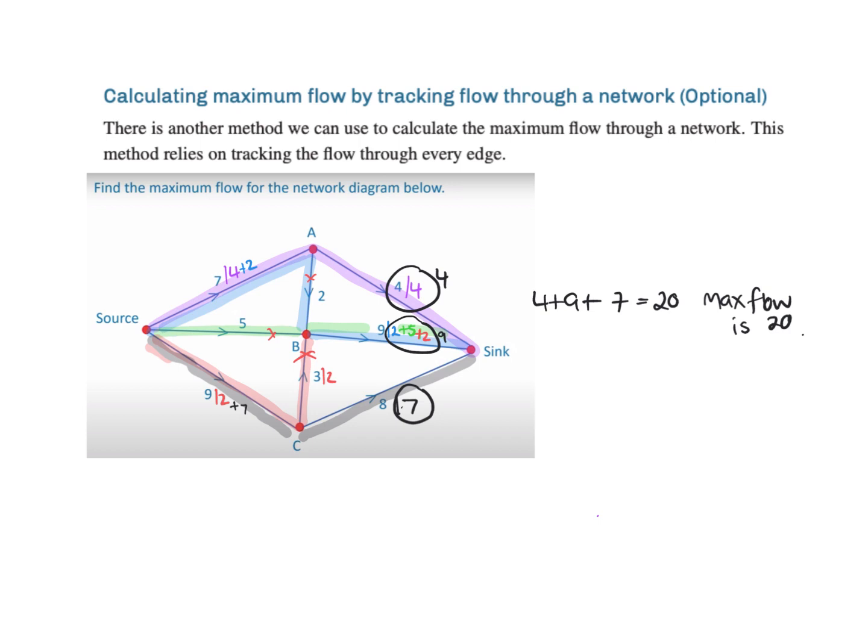So if I was using the cut method, that means I should be able to make a cut that has 20. If you have a look, you're always trying to get the smallest cut. So if I went down through here, I'm going to go through 4, I'm going to cut through like this. Okay, so that's my cut.